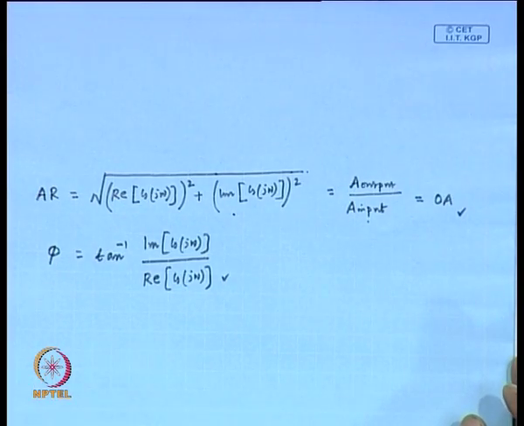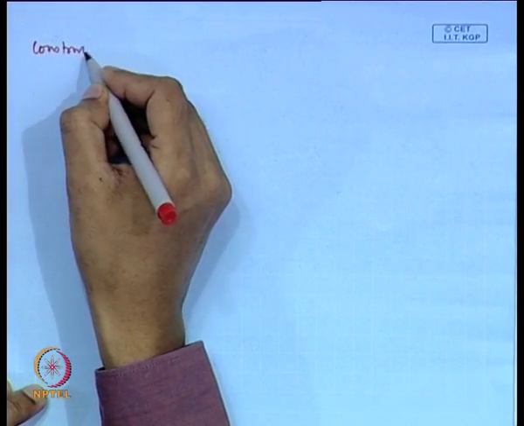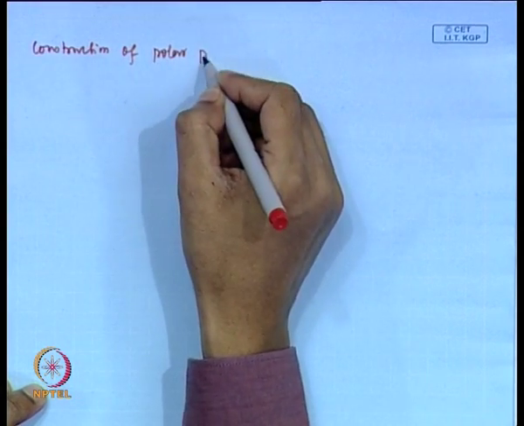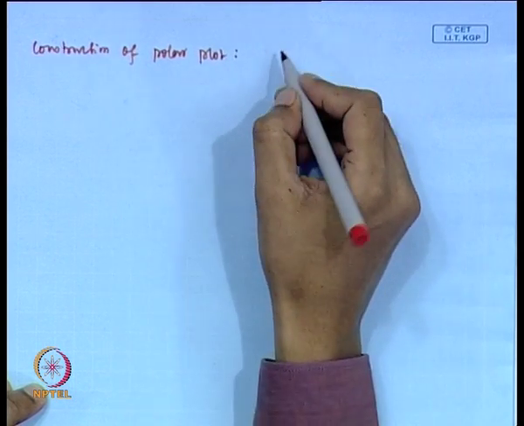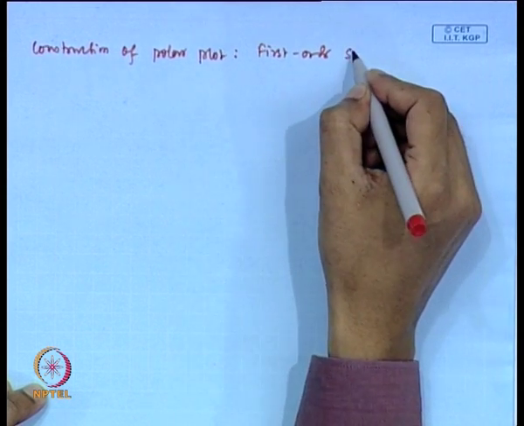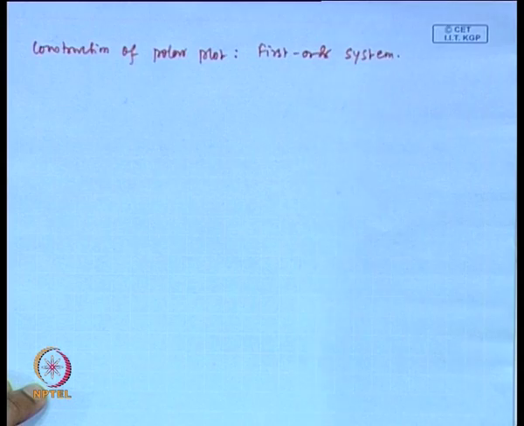Next, we will discuss the construction of polar plot for first order system, second order system, etc. So, in the next we will consider the first order system, I mean the construction of polar plot for the first order system.